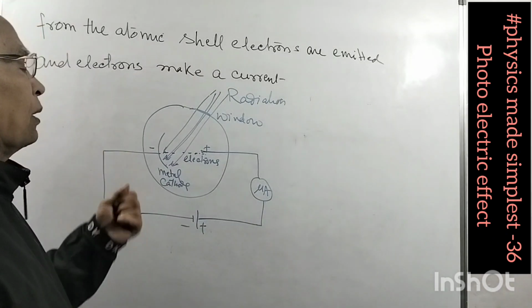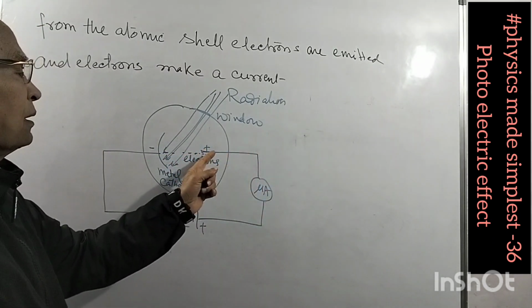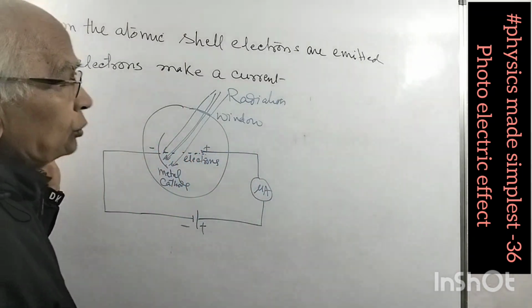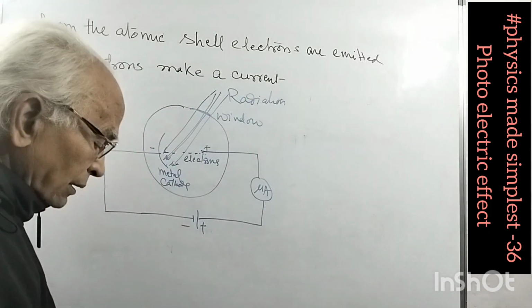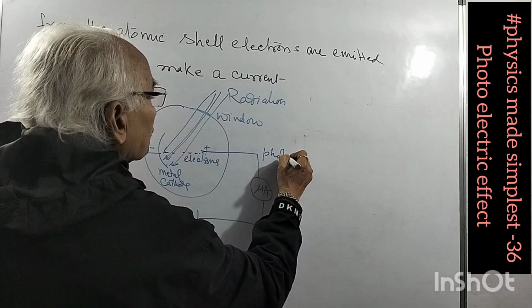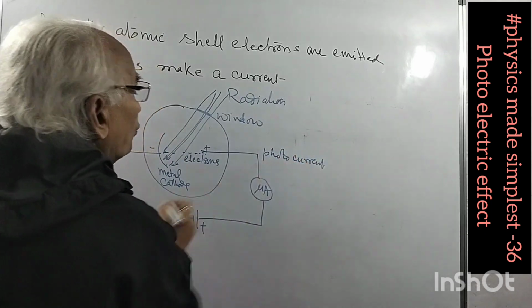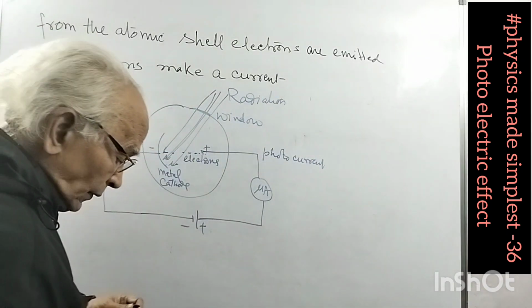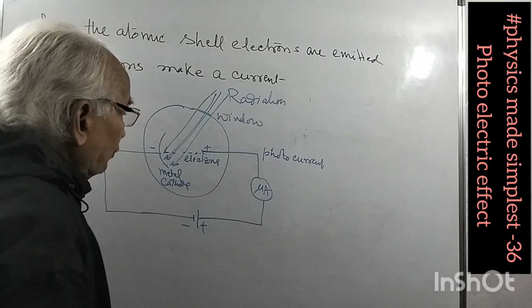Electrons come out and are attracted towards the positive potential. Due to the electric field, electrons flow and make a current. That is the photocurrent.